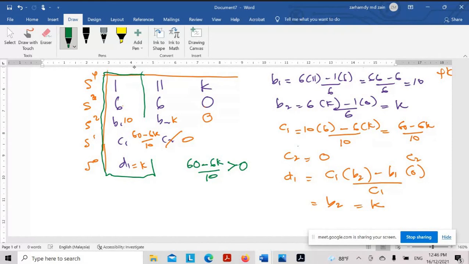So from here you come up with the solution: multiply 10 across, then you will get K must be less than 10. Another one, we have D1 equal to K, so K must be greater than 0.